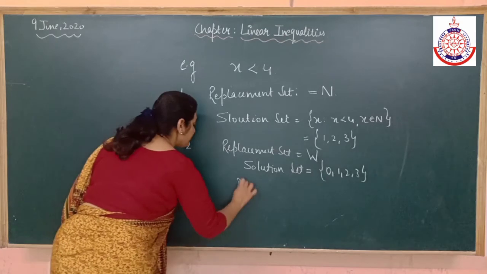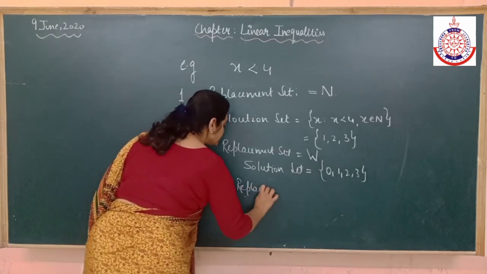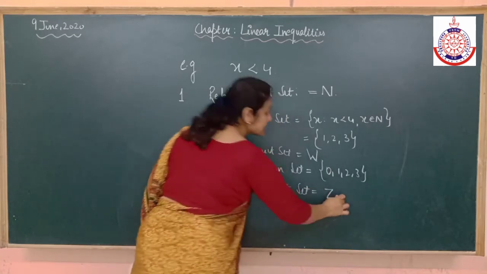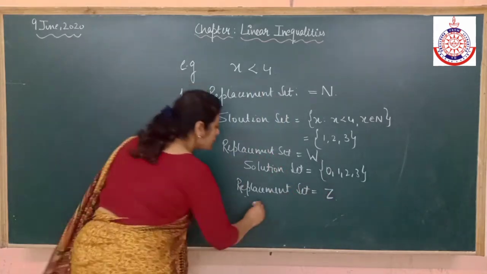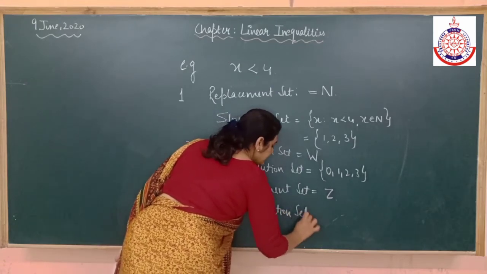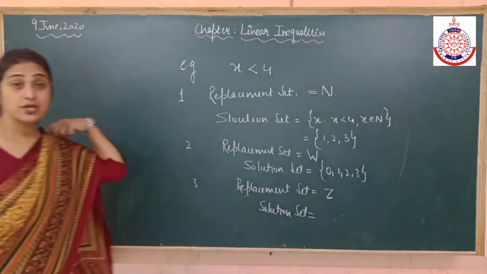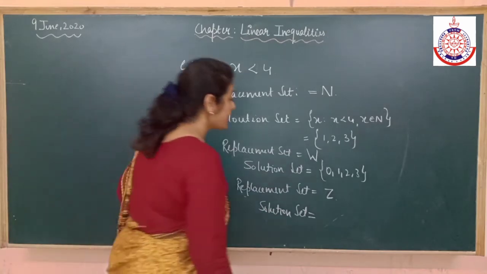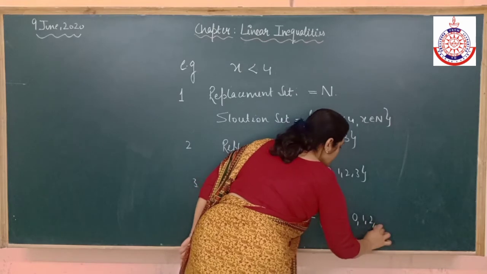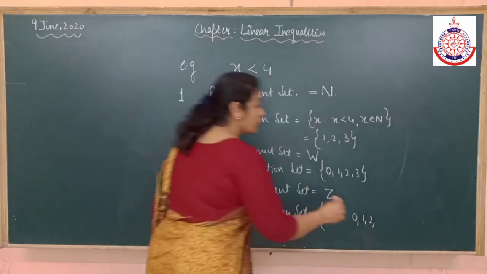If I say my replacement set is the set of integers, what will be my solution set? What are integers, children? Integers are all negative and positive numbers. So it will be 0, 1, 2, 3.